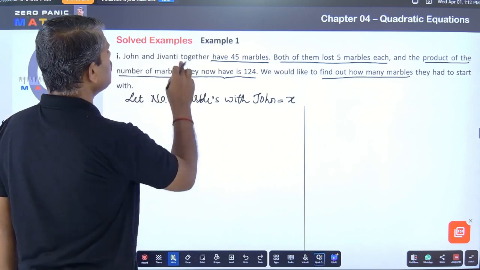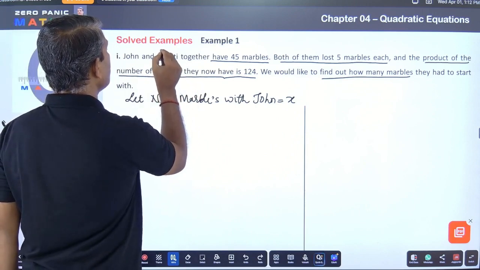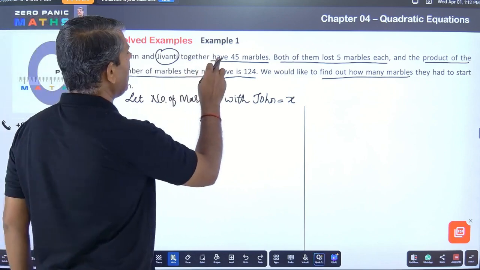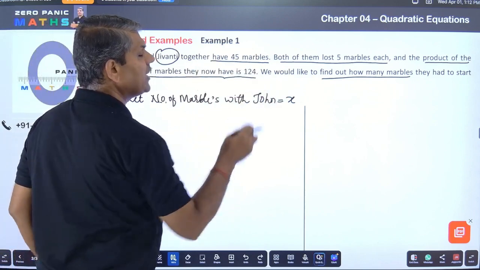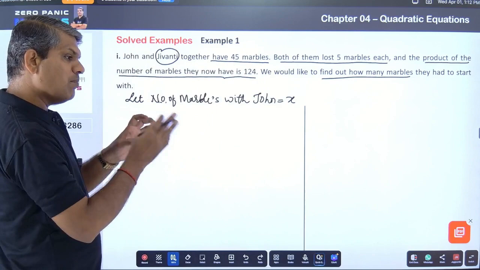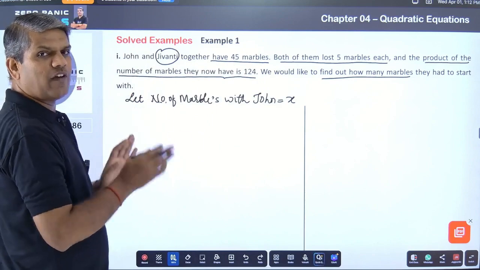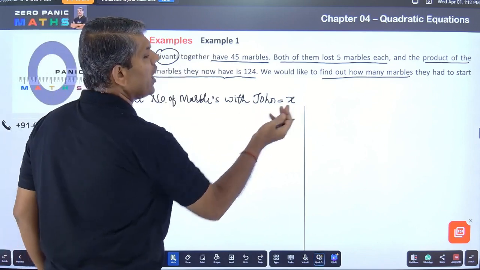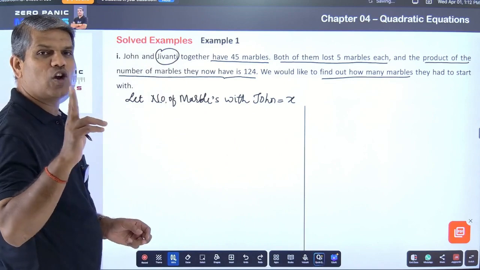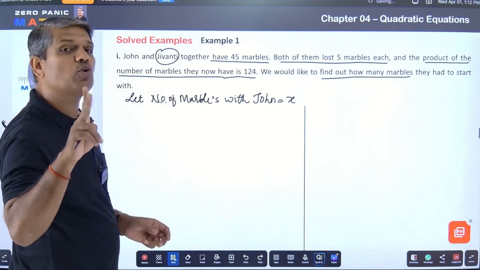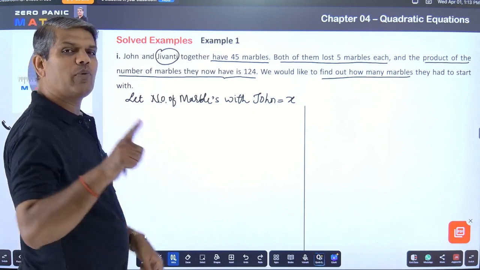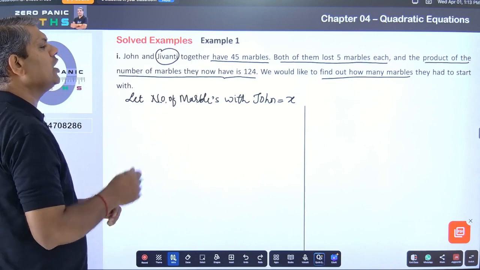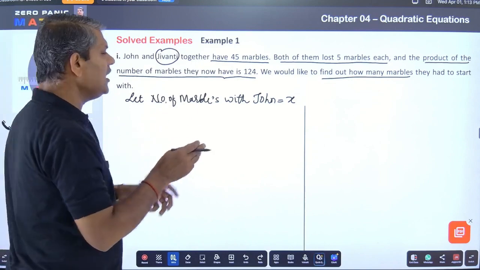So if John had x marbles, then how many will Jivanti have? She will have 45 minus x, because they are saying both together had 45 marbles. So you cannot consider here that Jivanti had y marbles, because this is not a linear equation with two variables. It is a quadratic equation with one variable. So in that format you need to write, or else you can easily do that also.